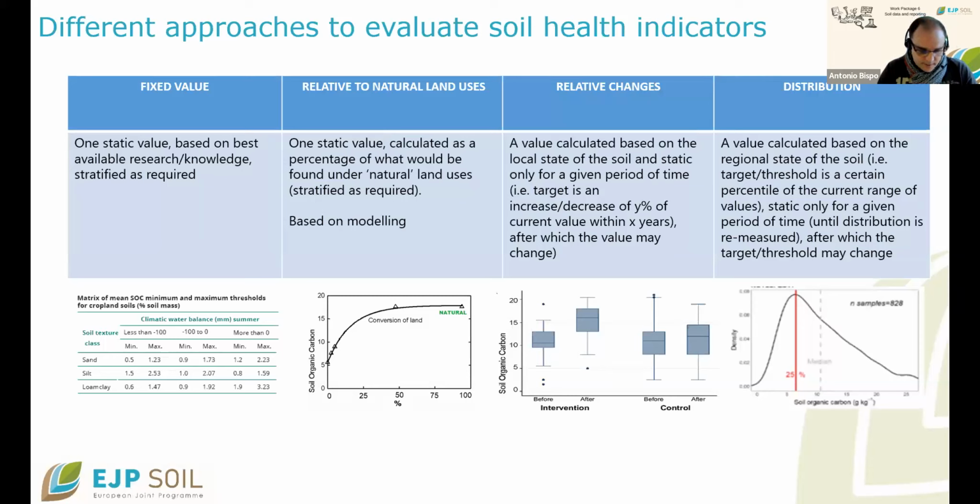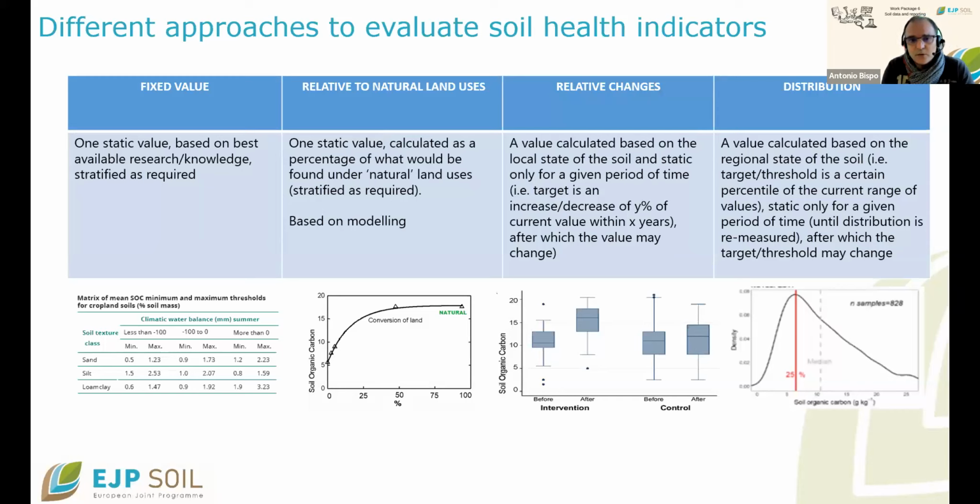And the last one is a data-driven approach. It's based on a distribution. So for that you need to collect data on a specific area, and then you have a distribution of a specific parameter.